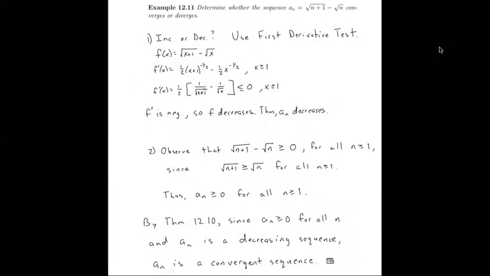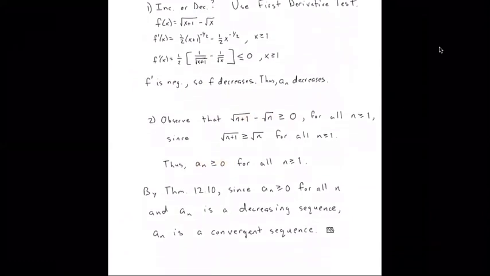All right, so thus a sub n is greater than or equal to 0. Our sequence term, remember, is this. This is a sub n here. It's greater than or equal to 0 for all n values greater than or equal to 1. Now that's good. We've justified that this is the case.